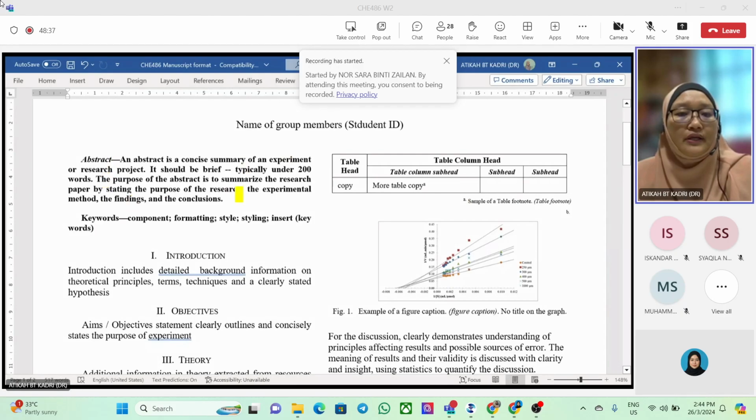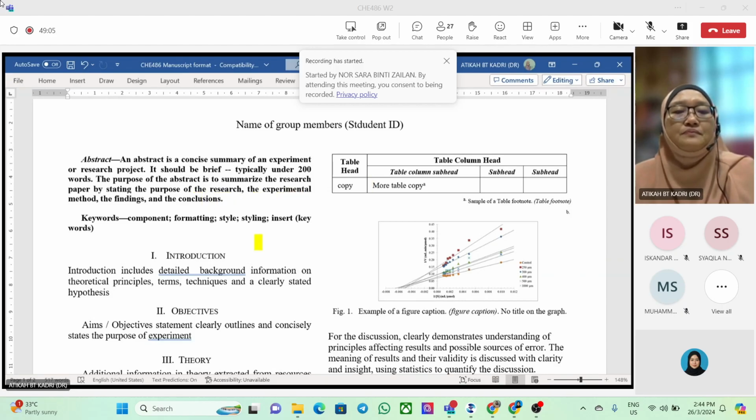This is an abstract. So it should be a concise summary of the experiment. What are the results that you got from the experiment? Precisely state the experiment. What is it about? And also state the purpose as well as the results, the findings.